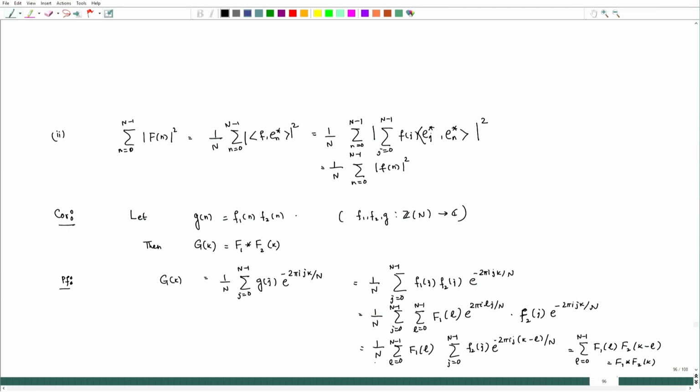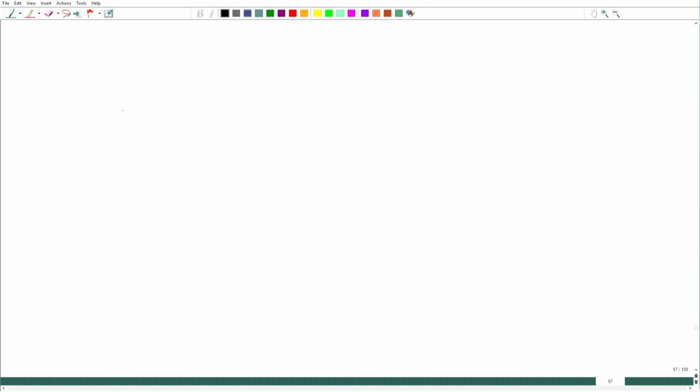So, also what we have seen earlier is that, let f be the Fourier coefficient of the convolution of f 1 and f 2, and f 1 and f 2 the Fourier coefficients of f 1 and f 2 respectively.